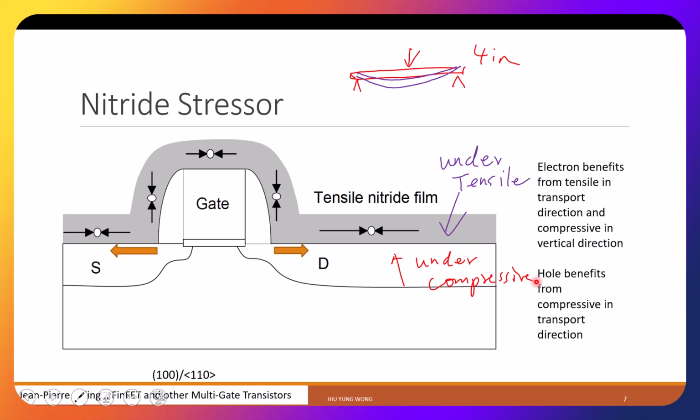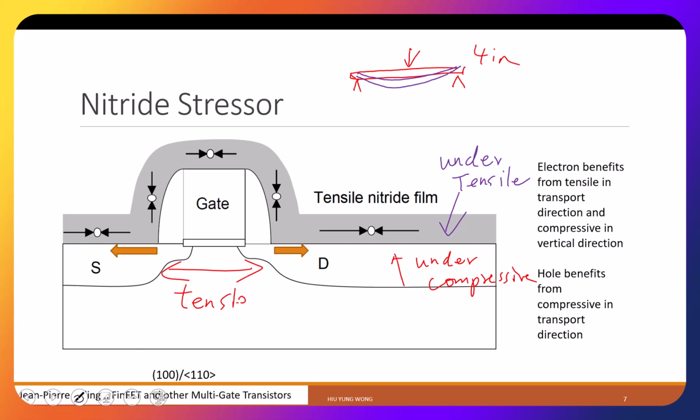Because for the transistor, the most important part is here. Here you assume that you have very small resistance, right? The transistor is here that dominates the current in the old time. Yeah. That's why you're pulling the channel apart too. Right? Yeah, the goal is to pull the channel apart so that here is under tensile.